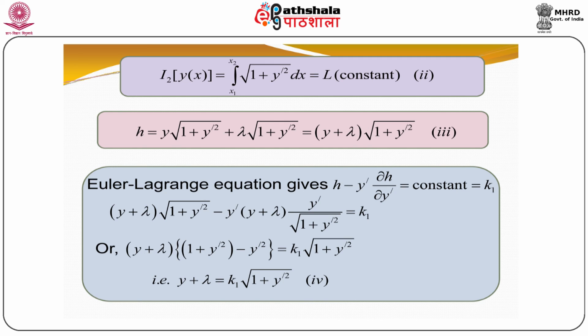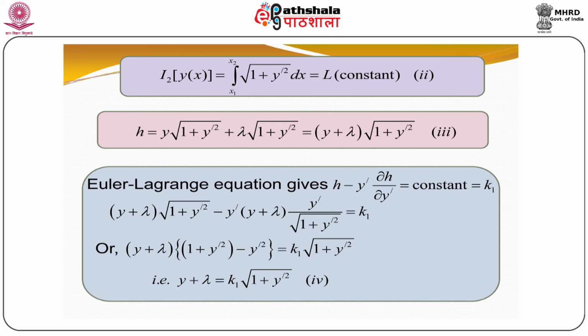Now, let us form a new function small h using I1 and I2. This comes from I1, this part comes from I2, lambda is the Lagrange multiplier. This can be written in this way, lambda is unknown quantity.